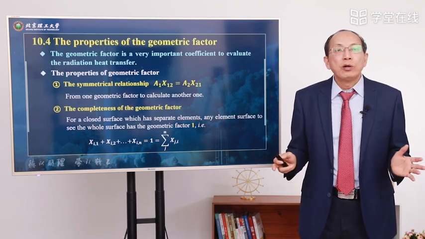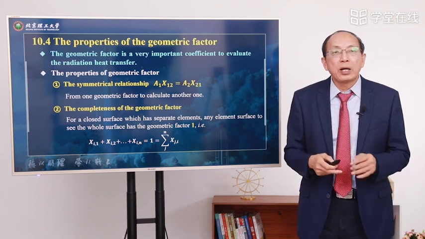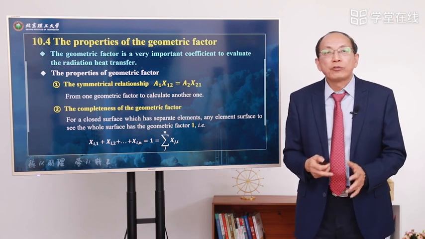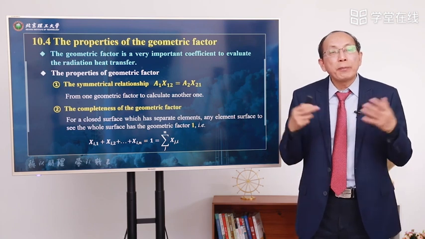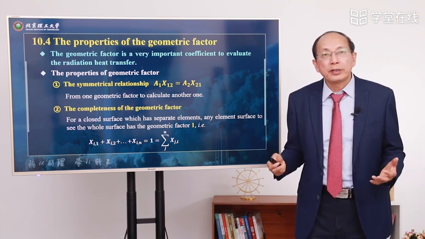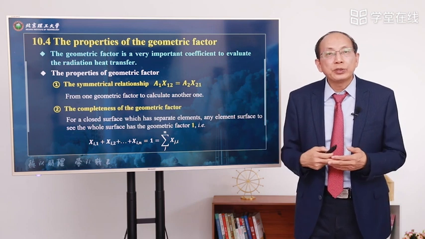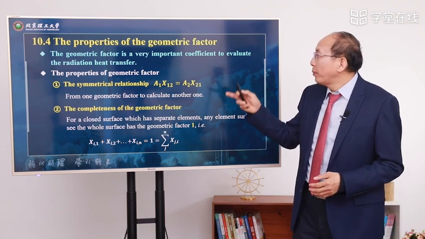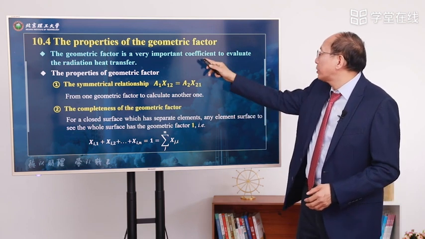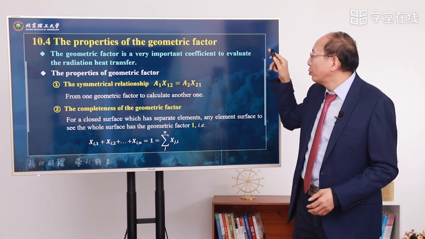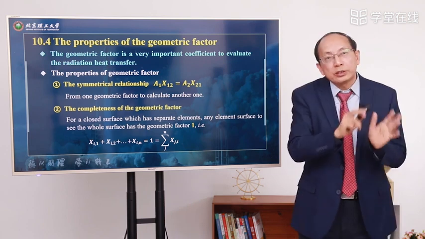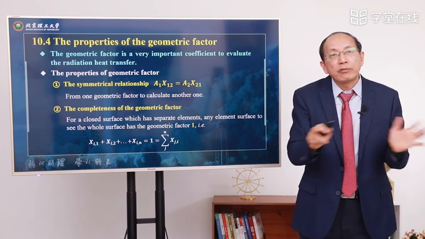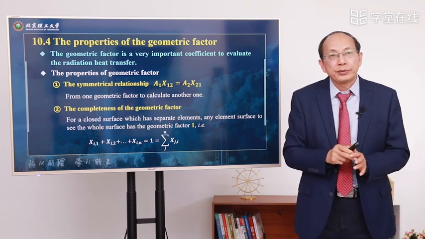Section 4 will give some discussion about the properties of the geometrical factor. We know the geometrical factor is a very important parameter in radiation heat transfer. It is a very important coefficient to evaluate radiation heat transfer. It has several very special properties.